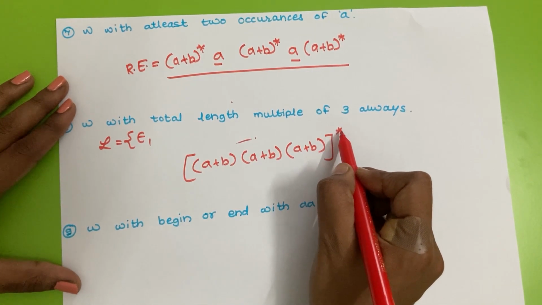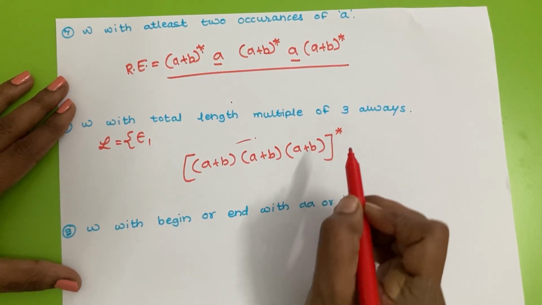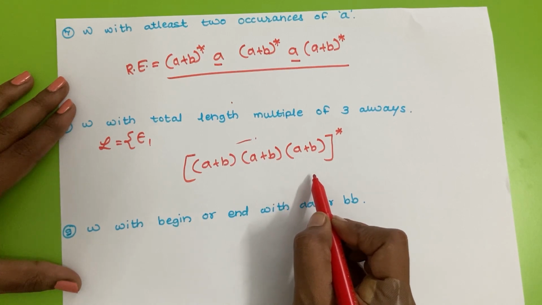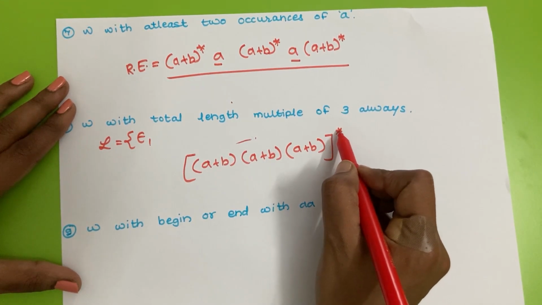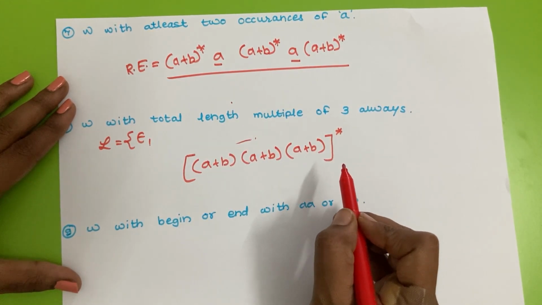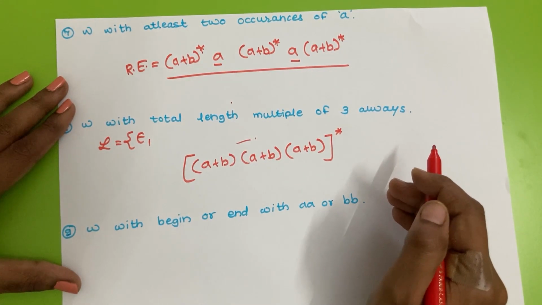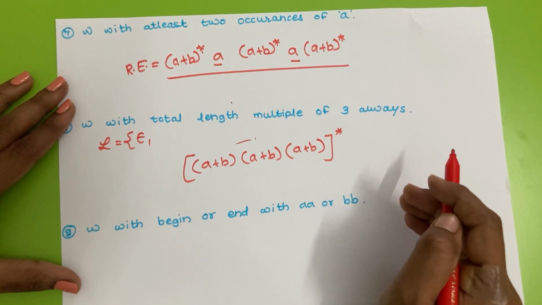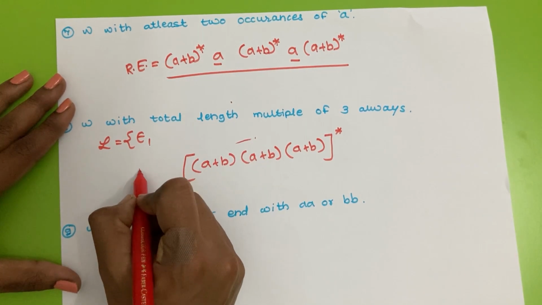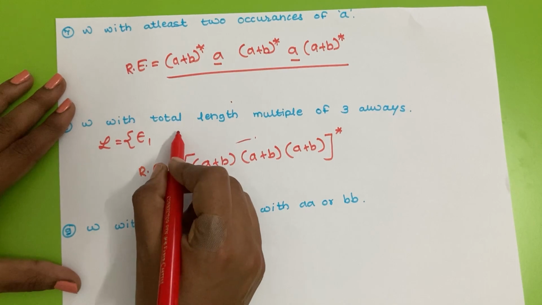If we have power 2, then a 6 length string will be generated. If we have power 3, then a 9 length string will be generated, and this will go on repeating and generate the strings of length multiple of 3. So this is our final regular expression.